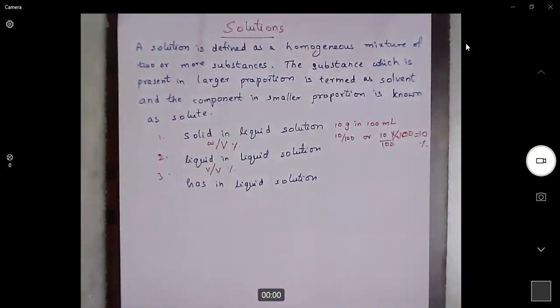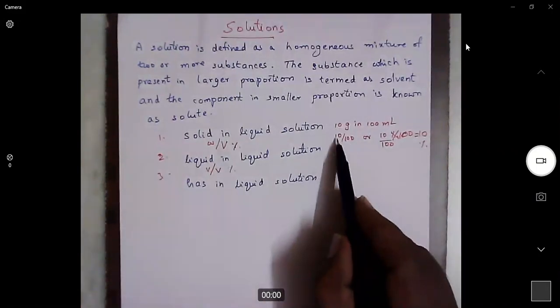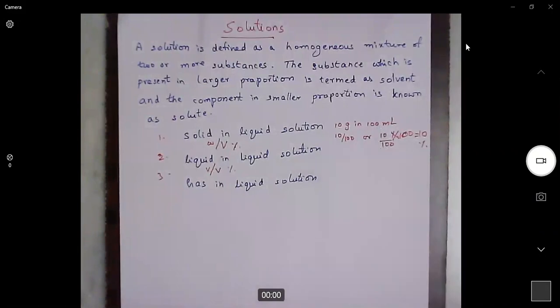Whenever we say 10 percent weight by volume solution, it means we dissolve 10 grams of the compound in 100 ml of the solution. If I say 15% weight by volume solution, then we dissolve 15 grams of the substance in 100 ml of the solution. So that's weight by volume percentage.